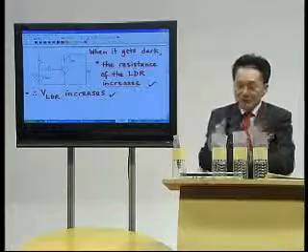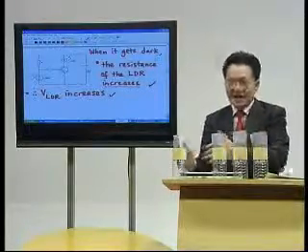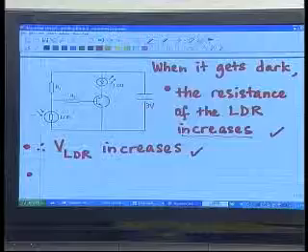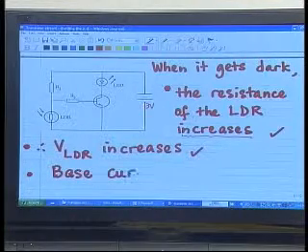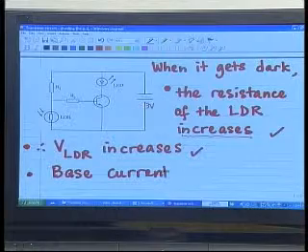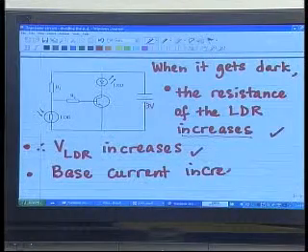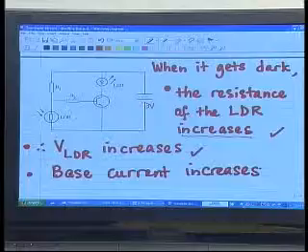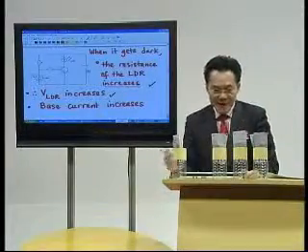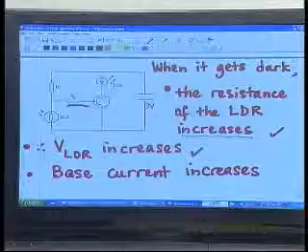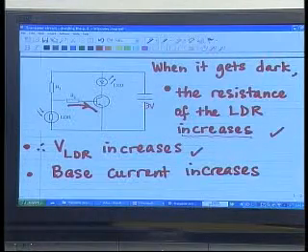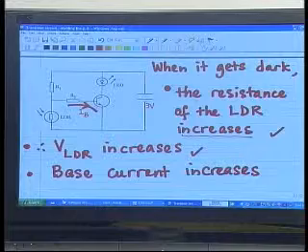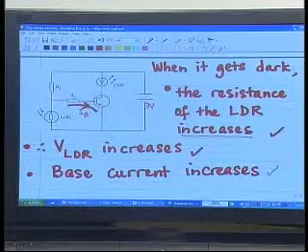So when the potential difference across the LDR increases, we say that the base current increases. Alright, the base current increases, and when the base current increases here, alright, this is the base current increases. This will be the third point that we are trying to say.